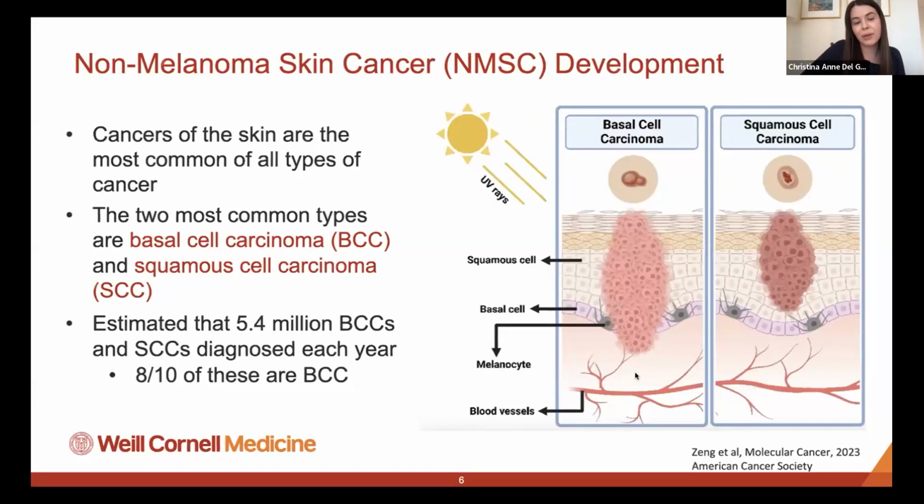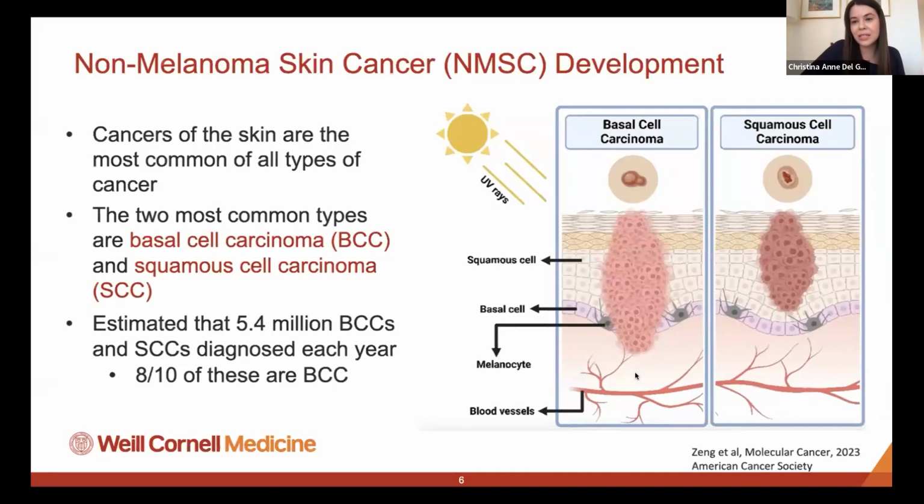The two most common types of non-melanoma skin cancer are basal cell carcinoma and squamous cell carcinoma. By one estimate, there are about 5.4 million basal cells and squamous cells diagnosed each year, with the vast majority of these being basal cells.